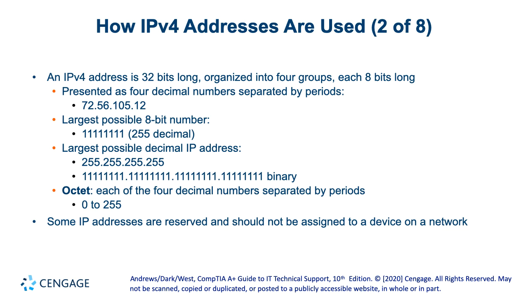On this slide, you're seeing that 8 bits, all ones, is 255, and all zeros would be 0. So the largest possible IP address would be 255.255.255.255, which is all ones in all 4 of the 8-bit groups, or all 32 bits set to 1.